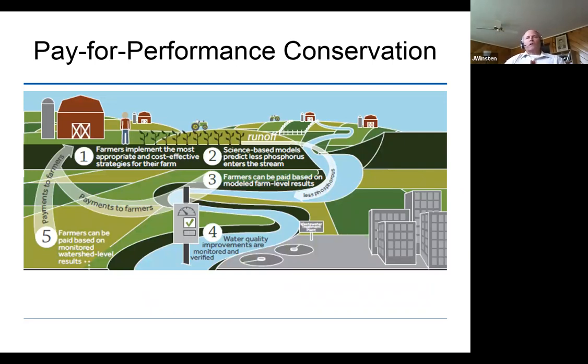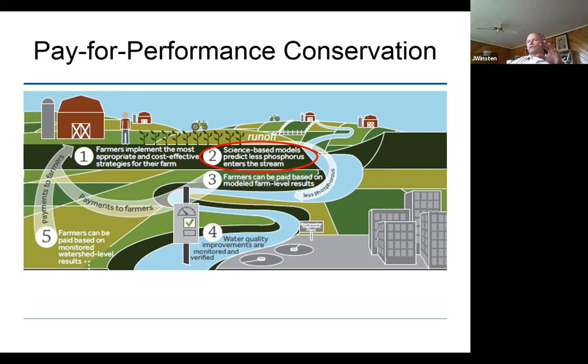So we want to use field-specific information, and that's what we do in this pay-for-performance conservation approach. These are infographics that came out of the working group that we produced out of one of our projects a couple of years ago. Even though this is numbered 1, 2, 3, it really starts with number 2. Science-based models are used to estimate the phosphorus that leaves fields and enters streams.